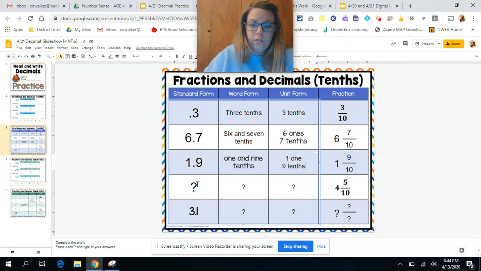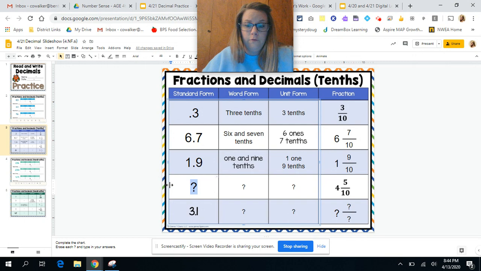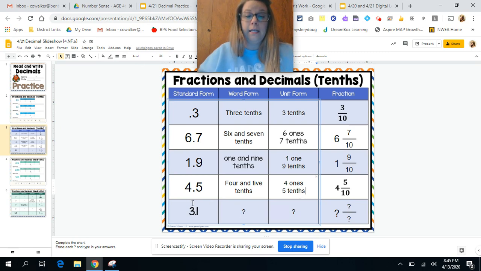So if I wanted to do 4 and 5/10 in a decimal form, it would be 4 decimal and 5/10. The words would be just like I'm saying them. So 4 and 5/10. And then the unit form would be 4 ones and 5/10. And then this one gave me the standard form.